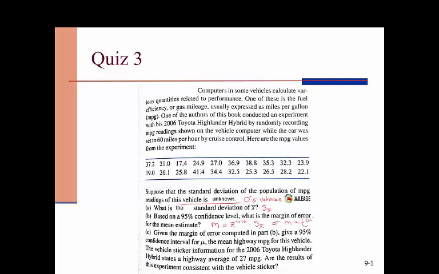So you have to choose the right distribution here. It's going to be one of these two as the margin of error. This term, the standard deviation of x bar, we've also called the standard error.